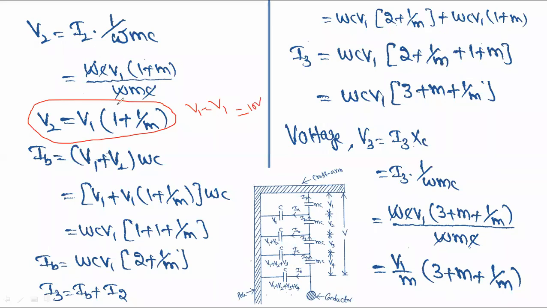The 1 plus 1 by M term is 0.5. That is 10 into 0.5. Again, in the multiplication the value is increased. V2 value is a higher value, V1 value is the lower value. Again, what is the V3? Now you can see here, V3 is V1 into 1 plus 3 by M plus 1 by M square.